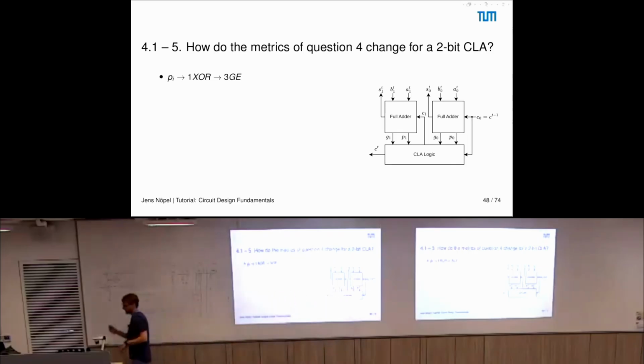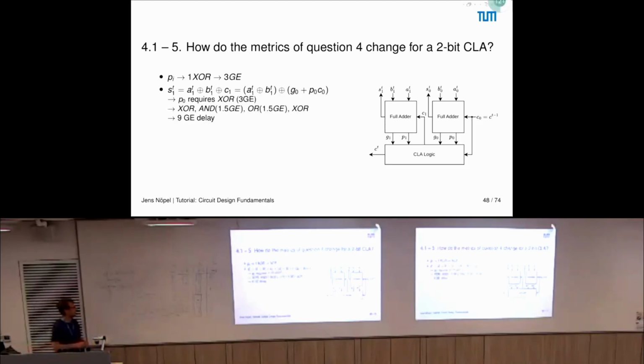This is PI first, and for that, we remember that we have a propagate if A and B are unequal, so that's an XOR gate, and an XOR gate is just 3 gate equivalents. And if we now have a look at how S1 is calculated, then it's the XOR of A and B and the XOR of C again.